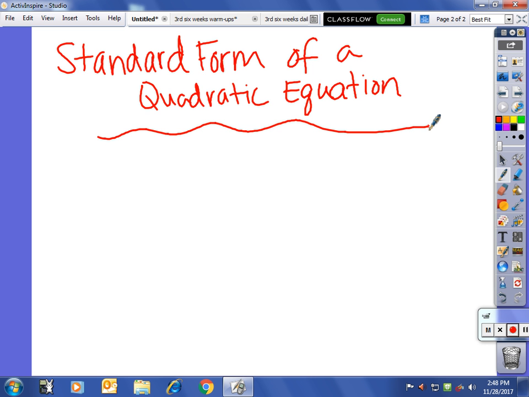All right, a quadratic equation is considered to be in standard form if these three things happen. Number 1, the coefficient of x squared, in other words, the value of a, what goes in front of x squared, has to be positive.